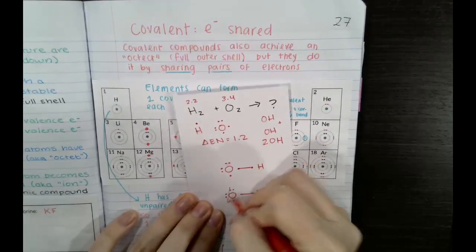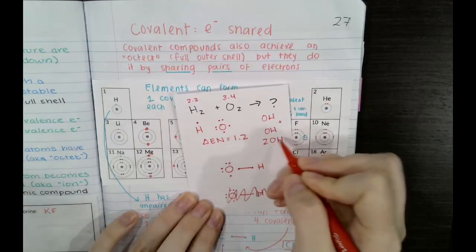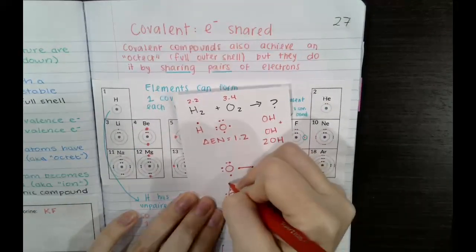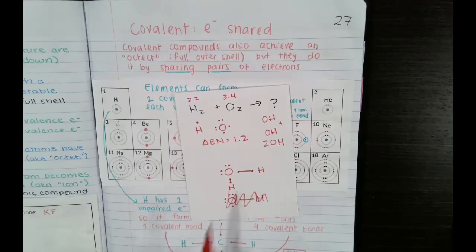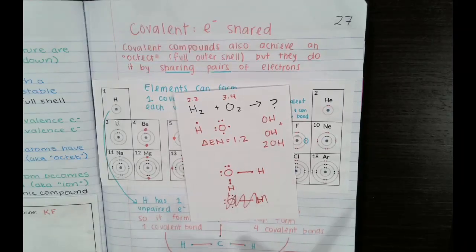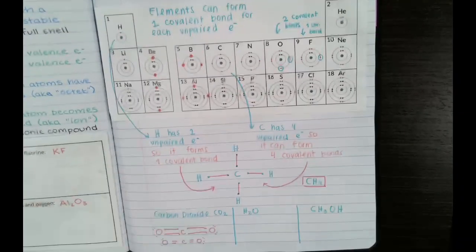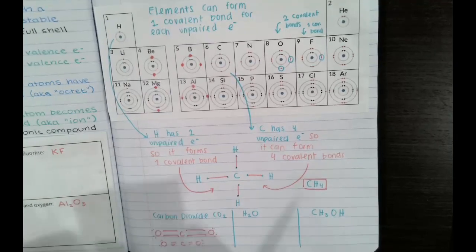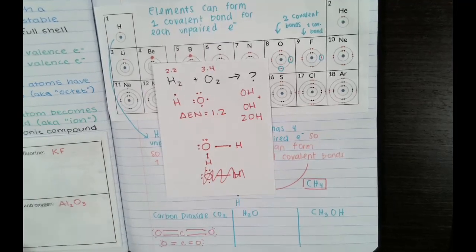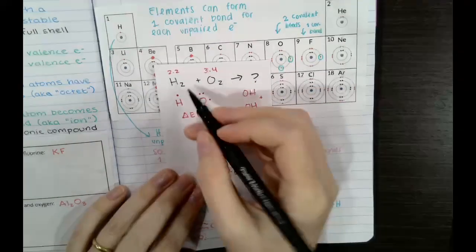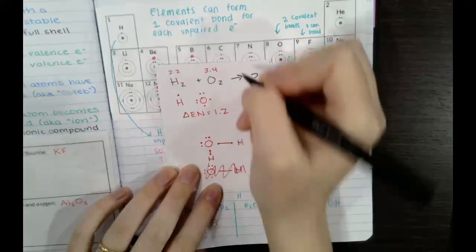What's actually more likely than the 2OH scenario that we just drew is that there's going to be another hydrogen here with another electron, and they're going to make another bond. And that's water. That is a compound that makes sense. Okay, so you did a little bit of practice for that down here. So when we're predicting our products, if we mix these together, rather than 2OH, what we're betting we're going to get is H2O.